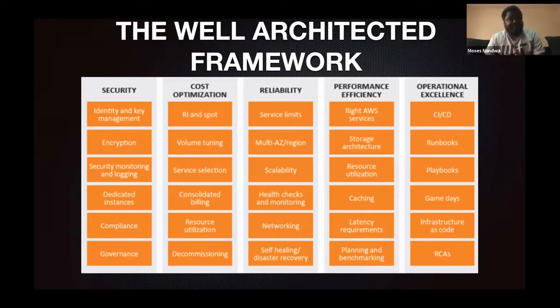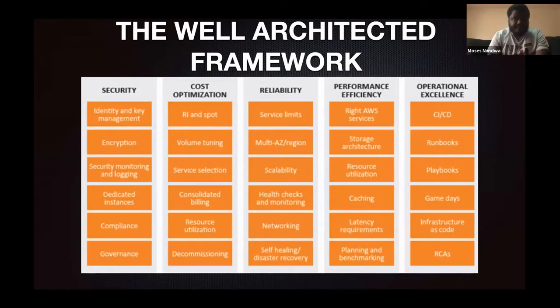And I'd like us to discuss this diagram that you see here briefly. So under the first pillar, we have security. The next one is cost optimization, reliability, performance efficiency, and next, operational excellence.